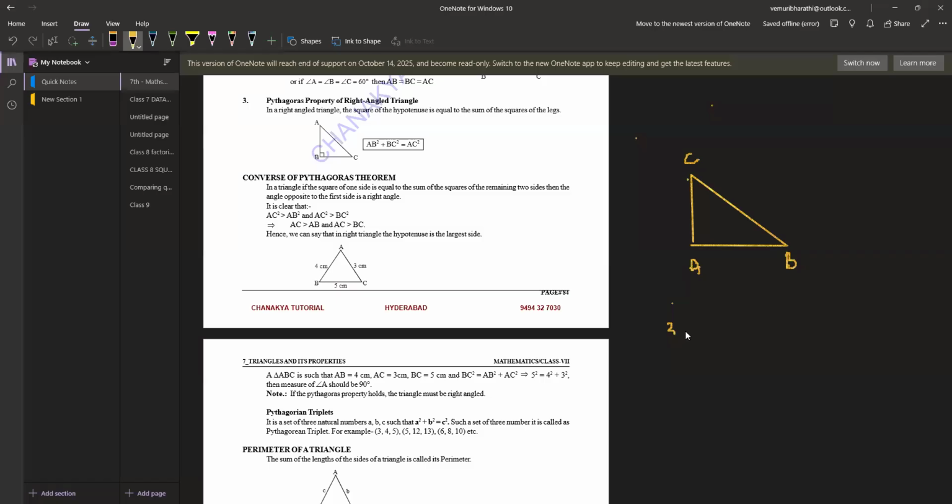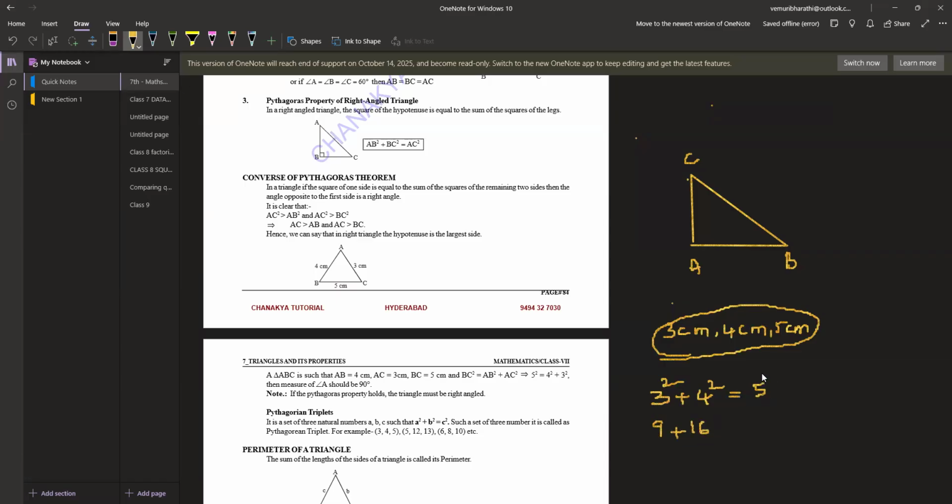The sides are given as 3, 4, 5. CB will be the hypotenuse. CB is the hypotenuse. Why? Because these are Pythagorean triplets, beta. Why do we call them Pythagorean triplets? 3 square plus 4 square. What is the value of 3 square? 9. 4 square is 16.